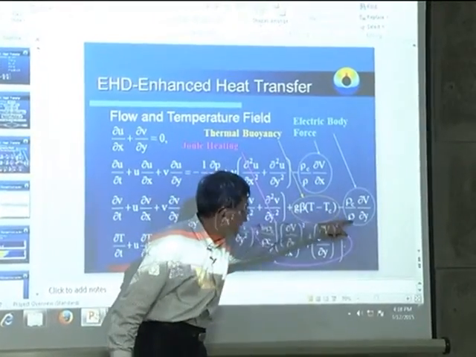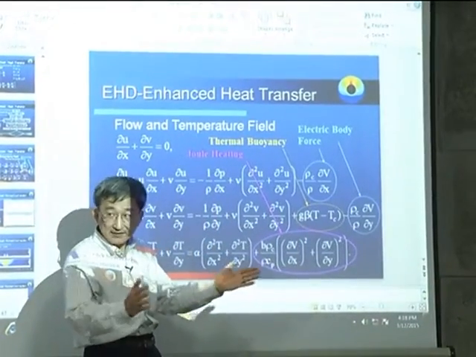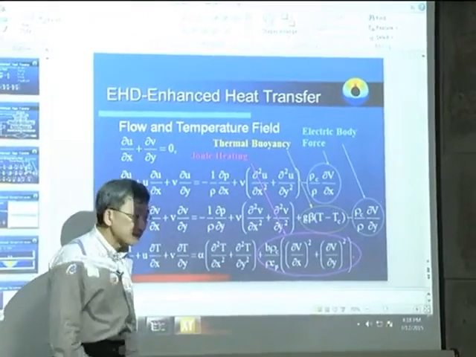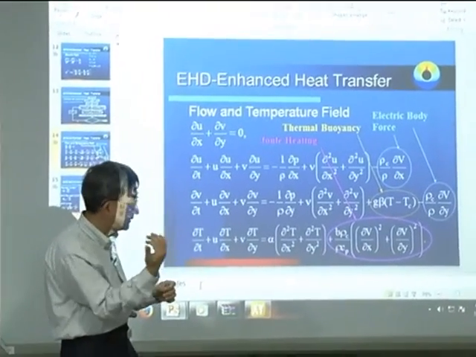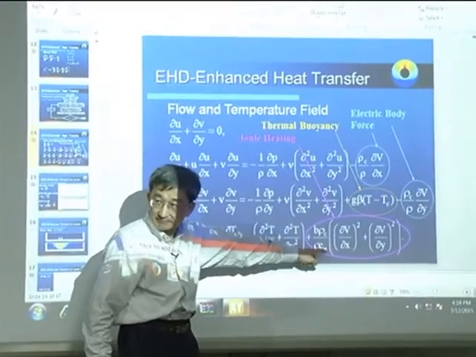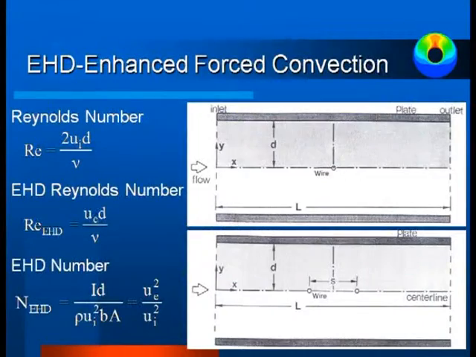So the electrical body force is acting here, right? And if there's a large temperature difference, then we have to add the thermal buoyancy. And because there's an electrical charge in the fluid, it will have this so-called Joule heating. So all this has to be considered.